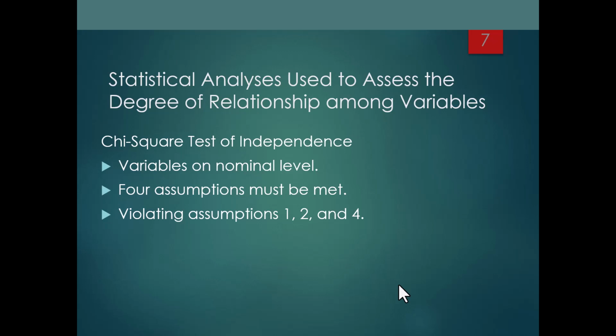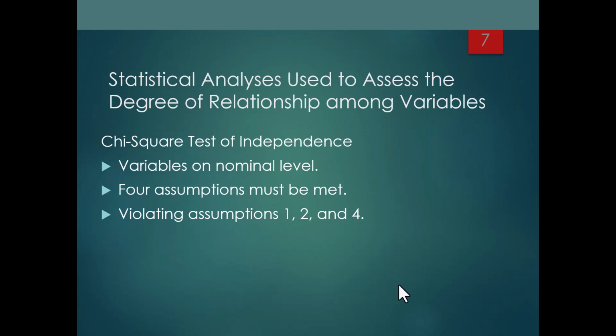There are four assumptions that should be met if you're planning to use this. So both variables should be measured at the nominal level. If data are to be displayed in a contingency table, then each cell must have a frequency of at least 5. So there needs to be at least 5 in each category. It should be random sampling and the assumption of independence.